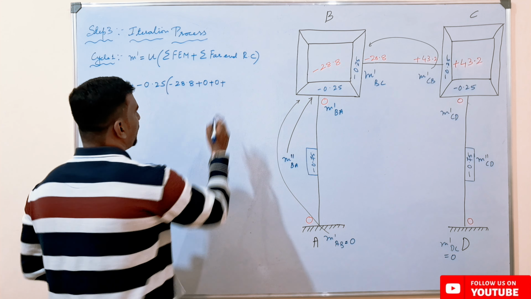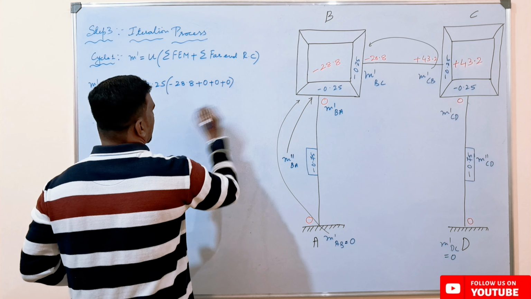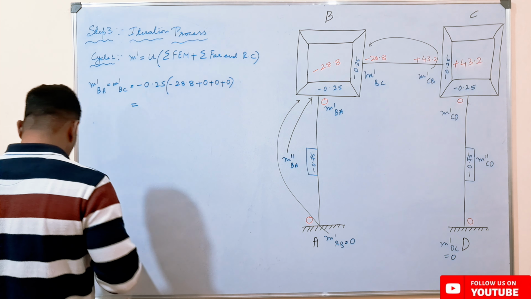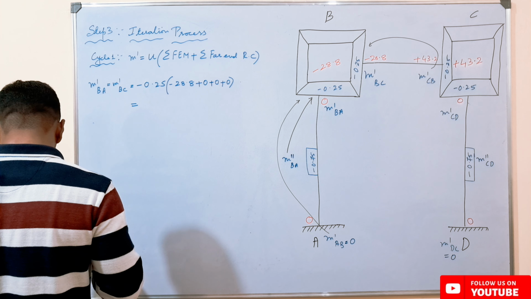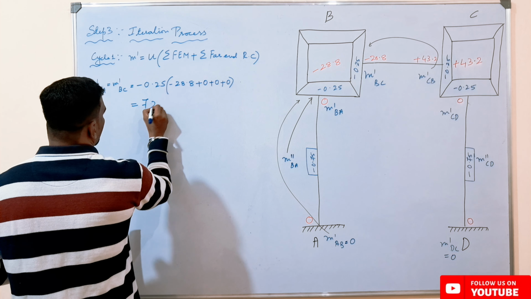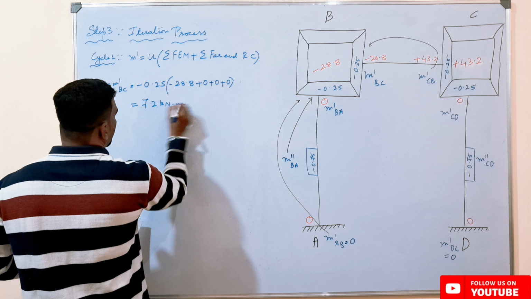So for the first cycle it will be equal to 0 over here. So we will have a value of 7.2 kilonewton meters.